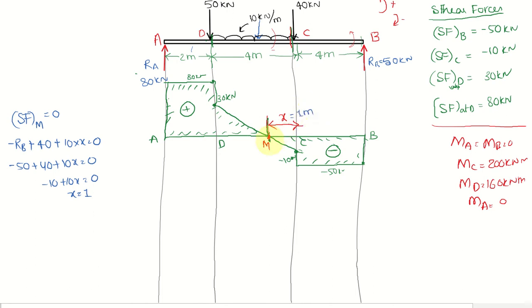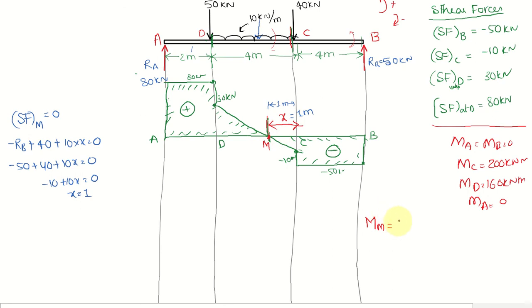So at this point we have to get the maximum bending moment. So let us check it now. So what is the maximum bending moment? So maximum bending moment, M at M, or M at maximum bending moment point.